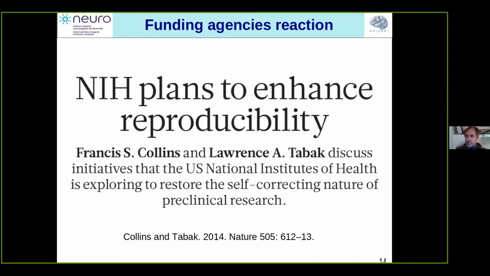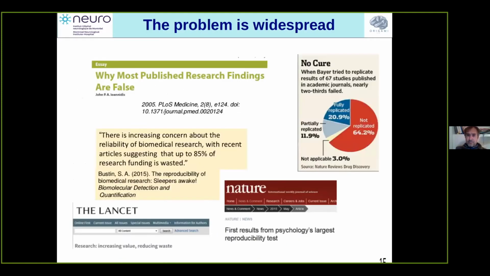I must say that that's 7-8 years after that Nature editorial, and I don't think we have made fantastic progress in terms of mending the irreproducibility of our life sciences.